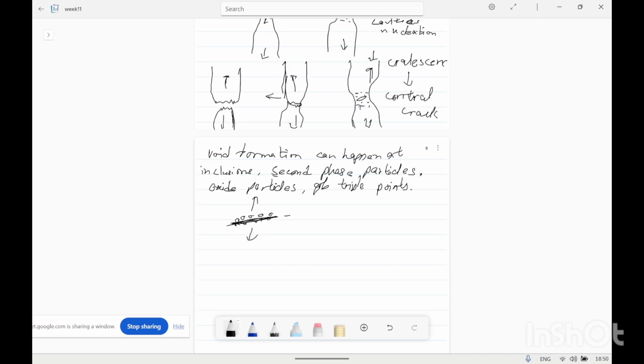So the initial generation of the voids will start from these shear band lines, and then the void coalescence will occur by the elongation of voids that bridges the material between these voids.